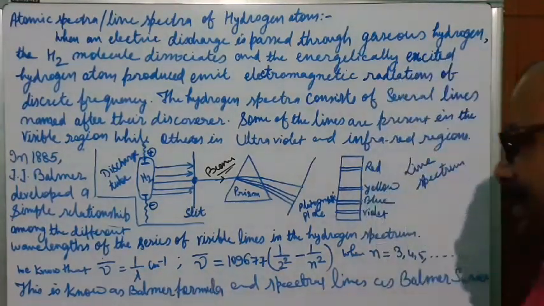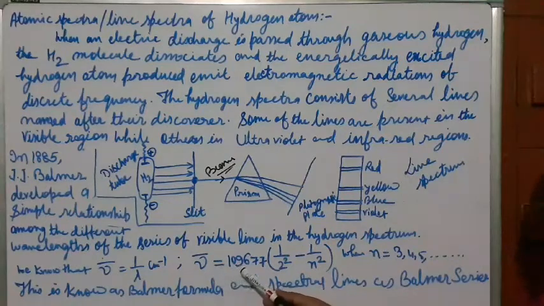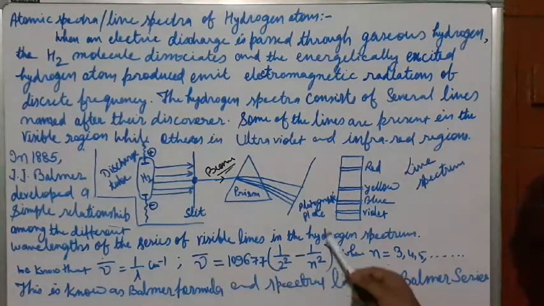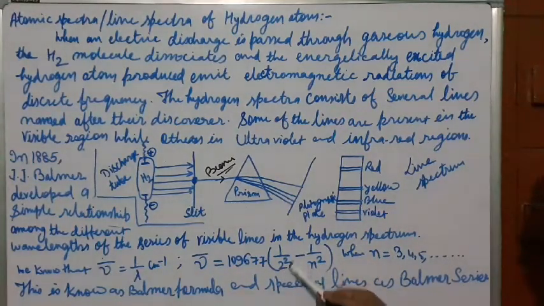Now he gave that nu bar equals 109677 times (1 by 2 square minus 1 by n square). This is the relationship between the different wavelengths. This n has values 3, 4, 5, and so on. So 1 by 2 square and 1 by n square gives you the spectral lines.